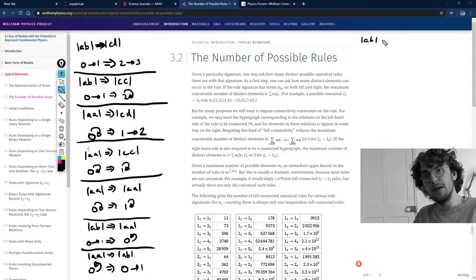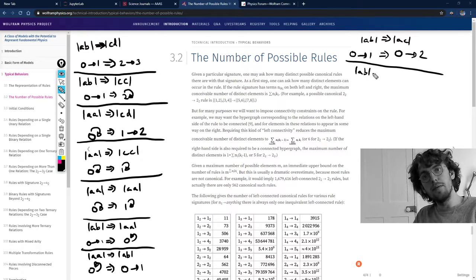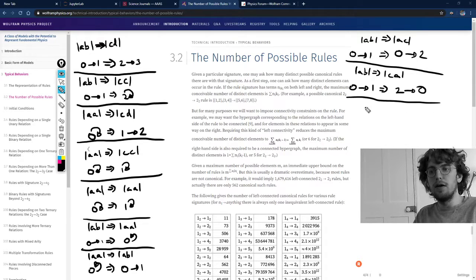So let's start. AB goes to AC. 0 to 1 goes to 0 to 2. AB goes to CA. It's just the same, but now the order is reversed on the other side. 2 to 0. How many did I say? 7? 1, 2, 3, 4, 6, 7. There's only 4 on this side, just about make it.